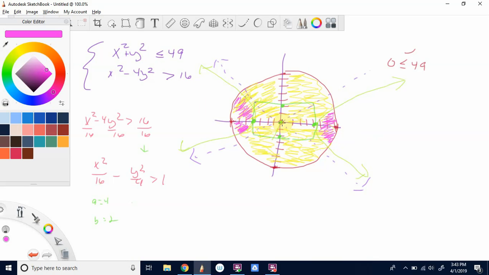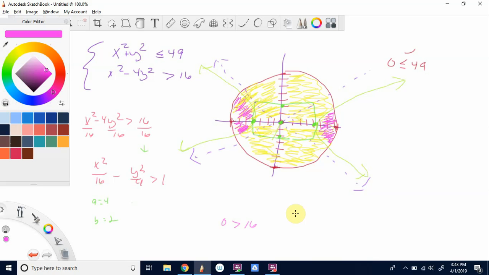So I'm going to check the origin 0, 0. So if I put 0 in here, I'm going to get, in this second one, is 0 greater than 16? Whoops. I got that totally wrong.